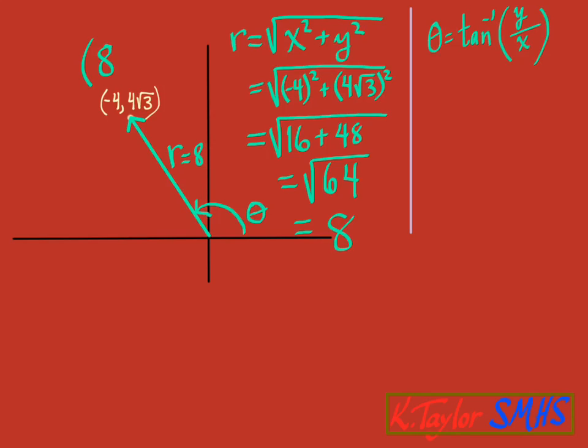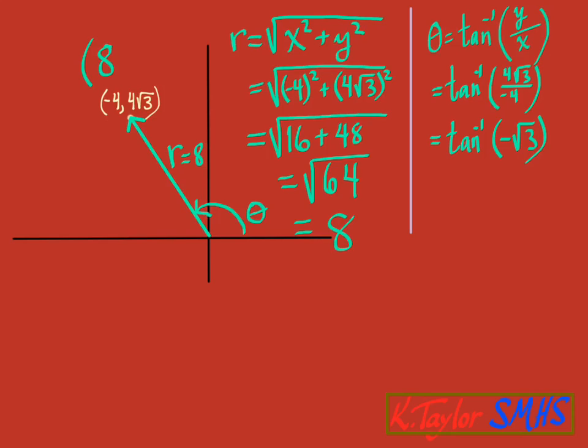I'm actually going to skip over my warning here because I know the unit circle pretty well. I don't have to worry too much about this. If I take a look at those numbers, 4 root 3 over -4, that's y over x in the inverse tangent function, and that simplifies down to the negative square root of 3. So I know that there are 2 places that have a tangent of negative square root of 3.